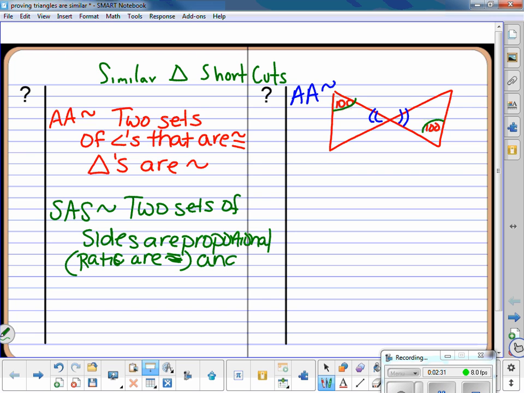And the included side, included angle, this is key, the included angle is equal. So let me give you an example.